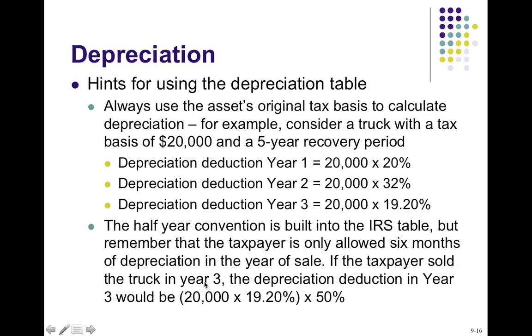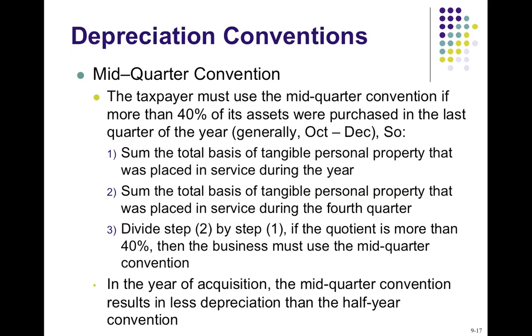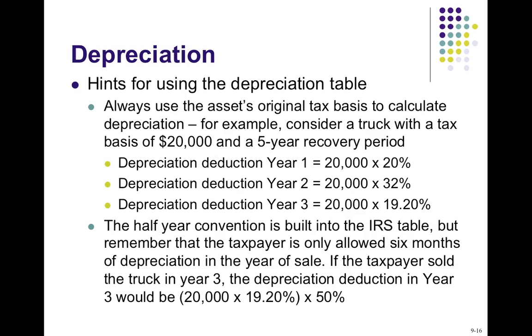So to calculate depreciation in year 3, if we sold the asset, we have to take the amount that we calculate from the table and then take it times 50%. Okay, we only get 6 months. And again, in the year of sale, it doesn't matter if we sell the asset on January 1st or December 31st. The year of the sale, we always get 6 months. So we're always taking it times 50% of what it tells us from the table. Okay, so that's the half-year convention. Okay, pretty easy.